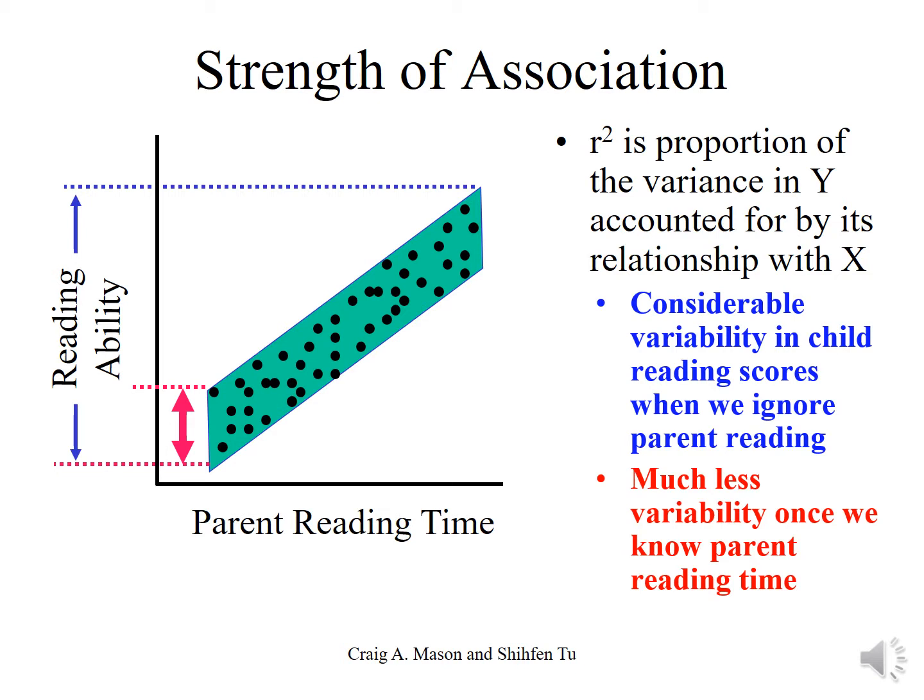In other words, researchers can account for a lot of that initial huge variability in child reading by knowing about parent reading. Again, if you're trying to guess a child's reading score and you know how much the parent reads to the child, you don't have to guess wildly across the entire range. You can now guess much more precisely within the narrow range of scores for that level of parent reading.